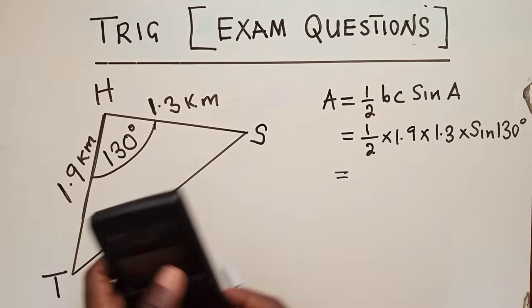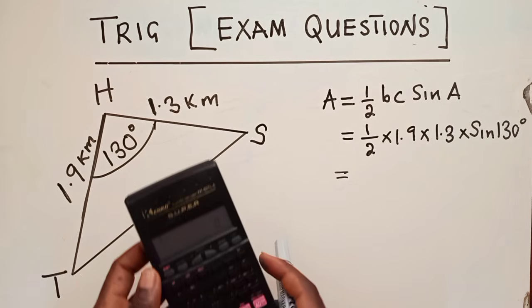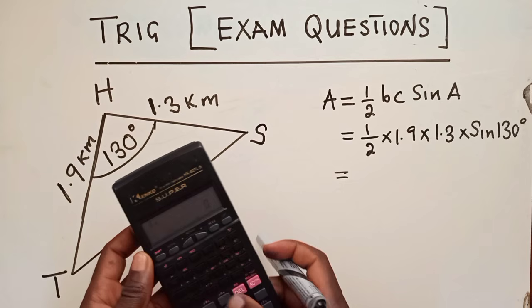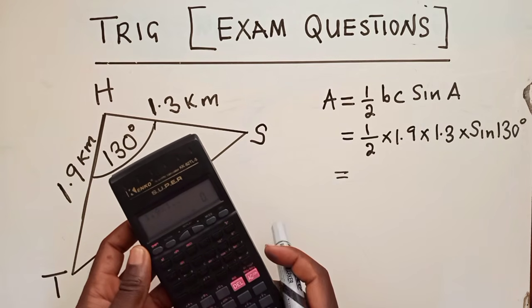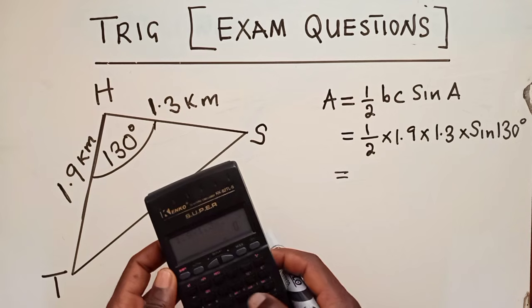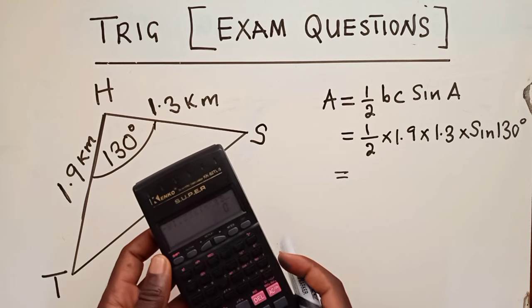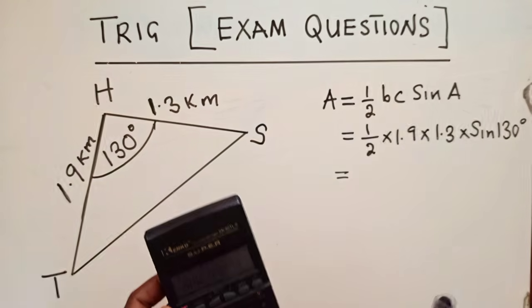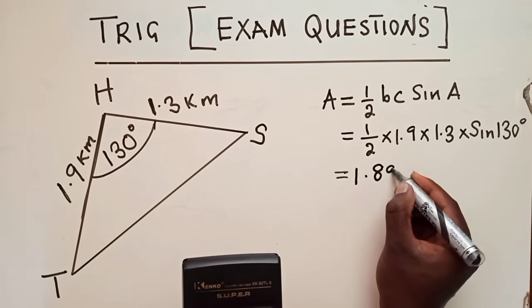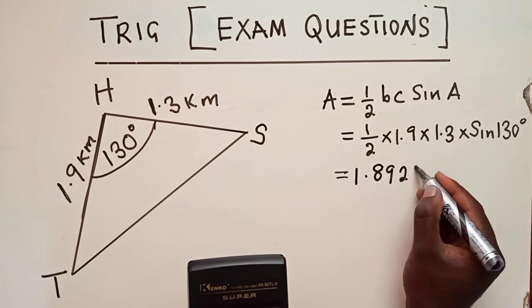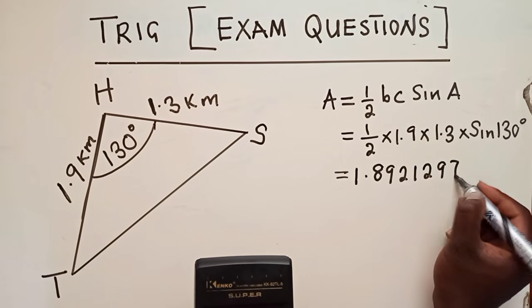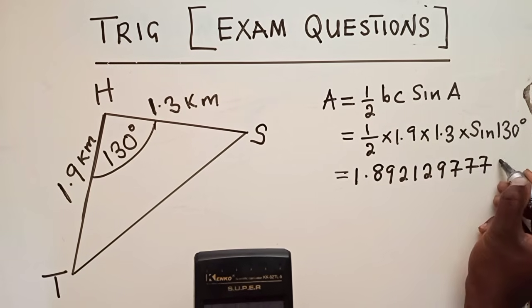We say 1 over 2 times 1.9 times 1.3 times sine 130 degrees. What are we getting? We're getting 0.8921297775.